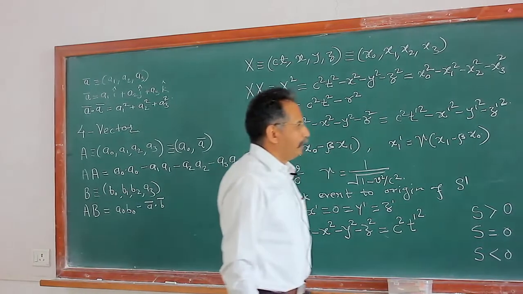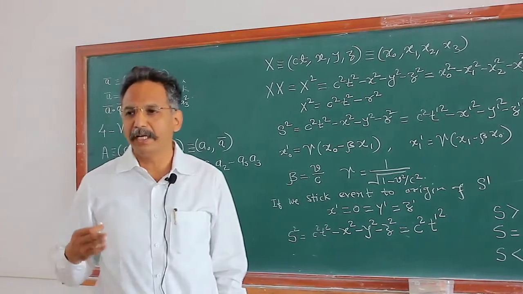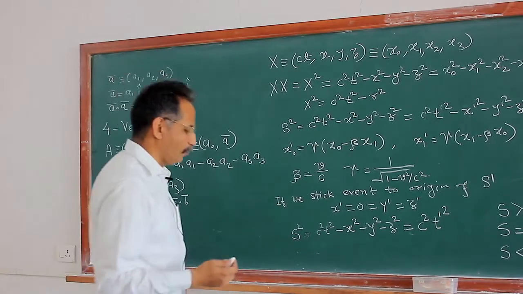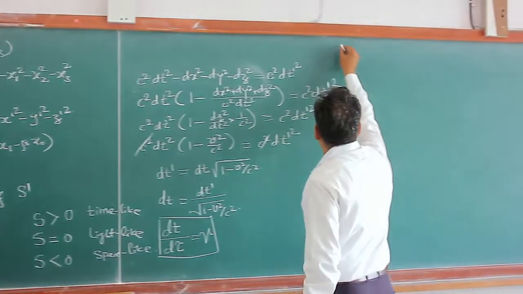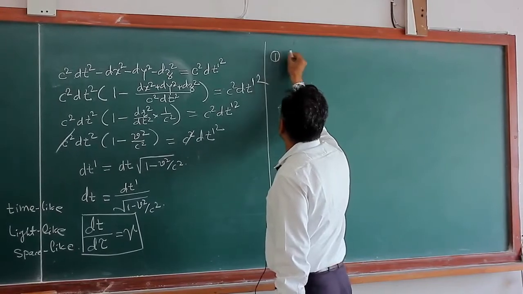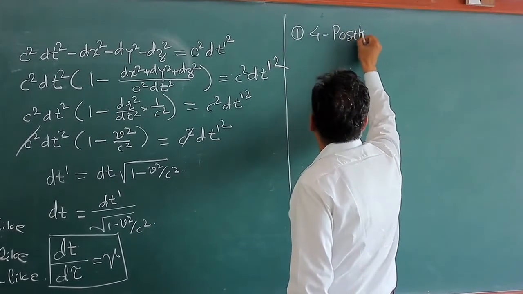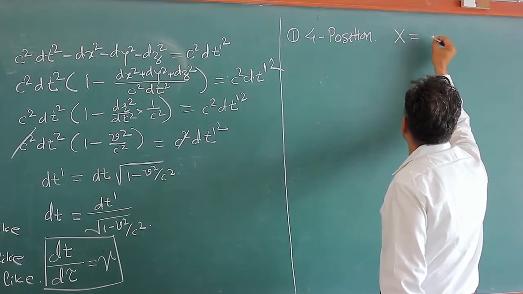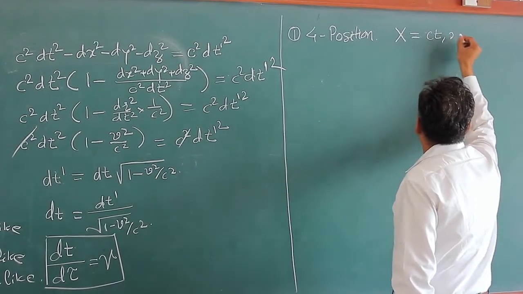Now, if we want to find velocity, we differentiate the event. The event we write in terms of capital X. The first thing we have discussed is the 4-position, and that 4-position we have written as X. This is ct, r bar.